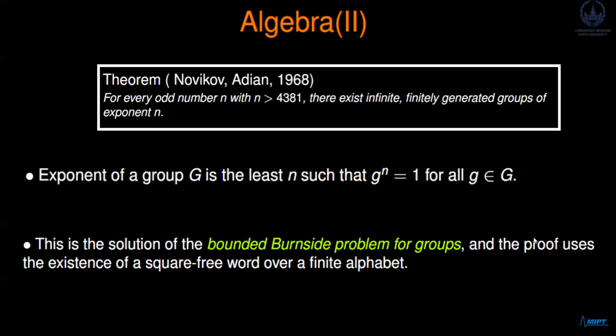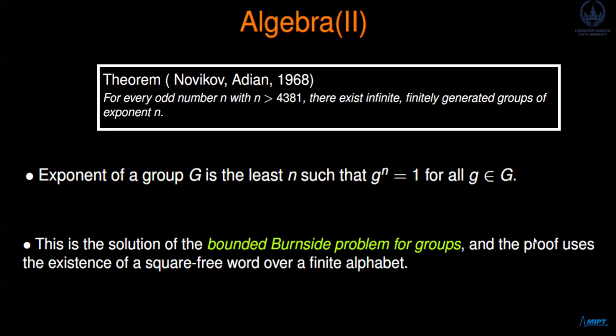Connection to the bounded Burnside problem. This theorem by Novikov and Adian is actually a solution to a long-standing mathematical challenge known as the Burnside problem. The question posed by this problem was whether for a fixed exponent n, every finitely generated group of exponent n is finite.